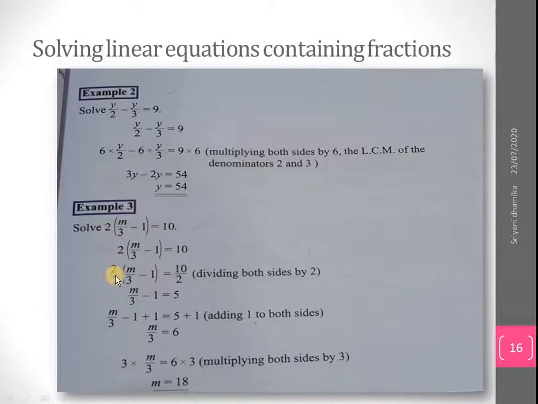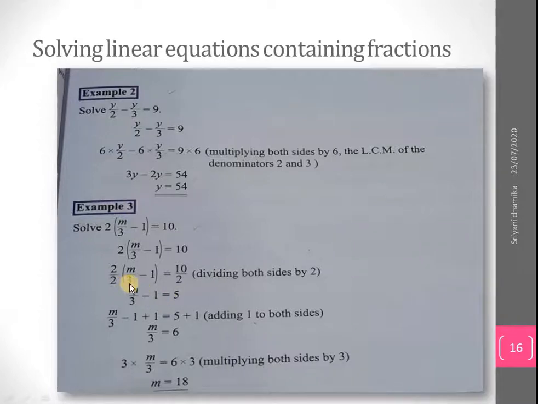Then we can write this step as: dividing both sides by 2. Divide 2 by 2 and 10 by 2. Then the remaining term inside the bracket is m over 3 minus 1, because this can be cancelled. When we divide 10 by 2, the answer is 5.